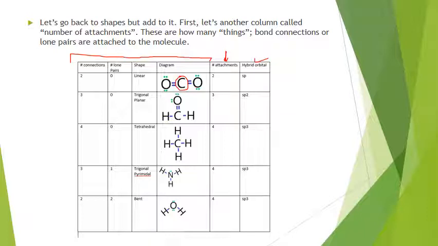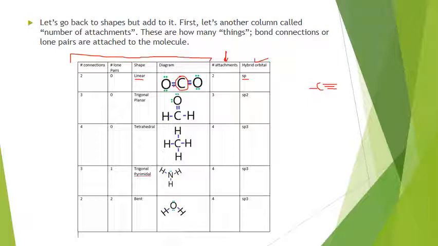Okay. So what we just noticed is that, let's look at carbon dioxide. Carbon dioxide has 2 connections, no lone pairs, so it's linear. So what we just saw is that whenever you have a carbon with 2 double bonds, or a carbon with a triple bond and a single bond, it's going to be an sp hybrid orbital that forms the sigma bonds.